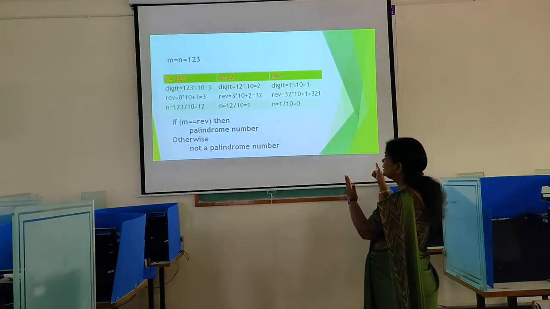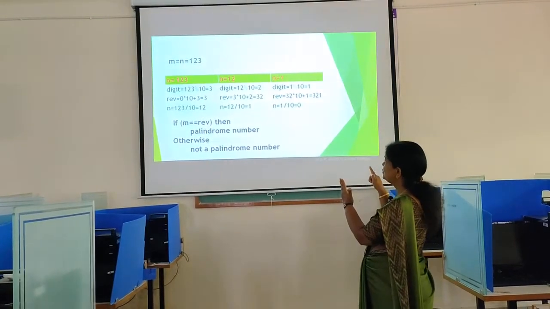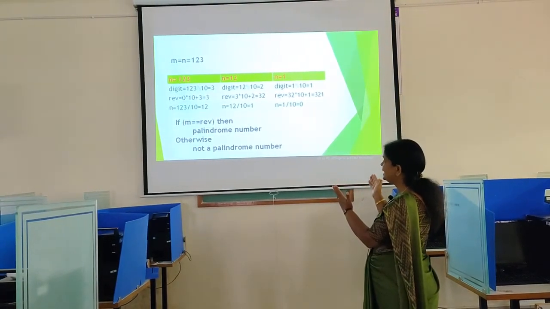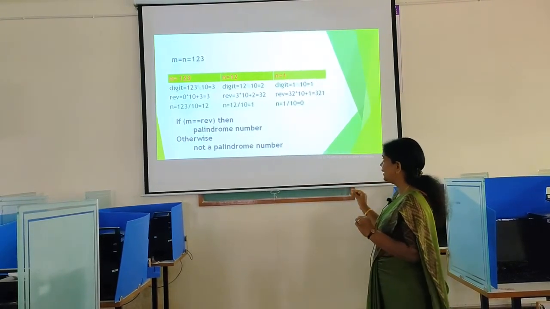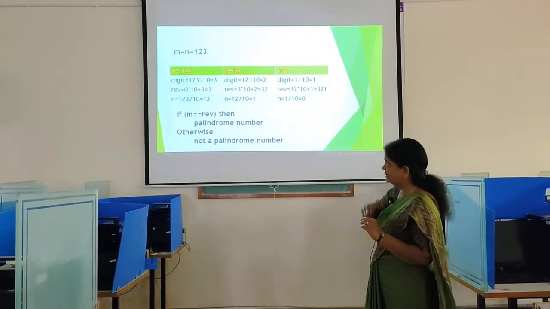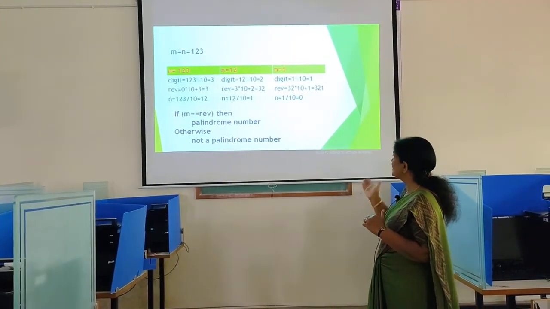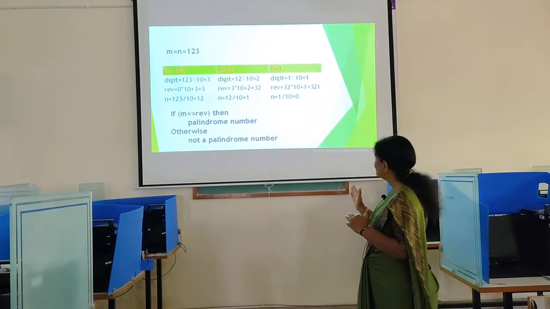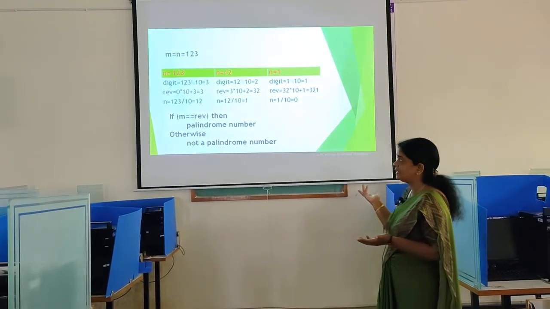So 3 into 10 becomes 30 plus 2, so it becomes 32. Next, n is 12 by 10, you will get the quotient as 1. n is not equal to 0, so repeat the process. Now digit is 1 % 10. When you make a modulo division of 1 by 10, you get the remainder 1 itself.